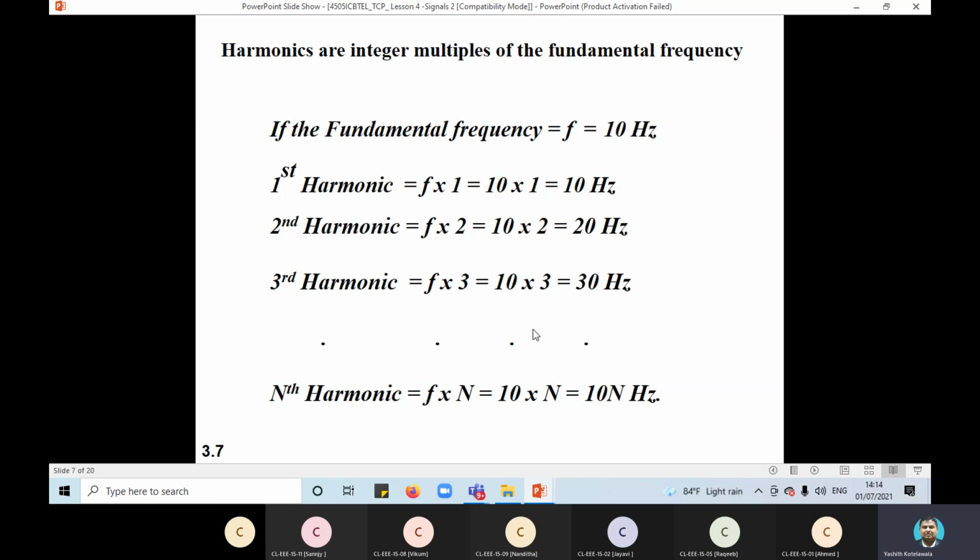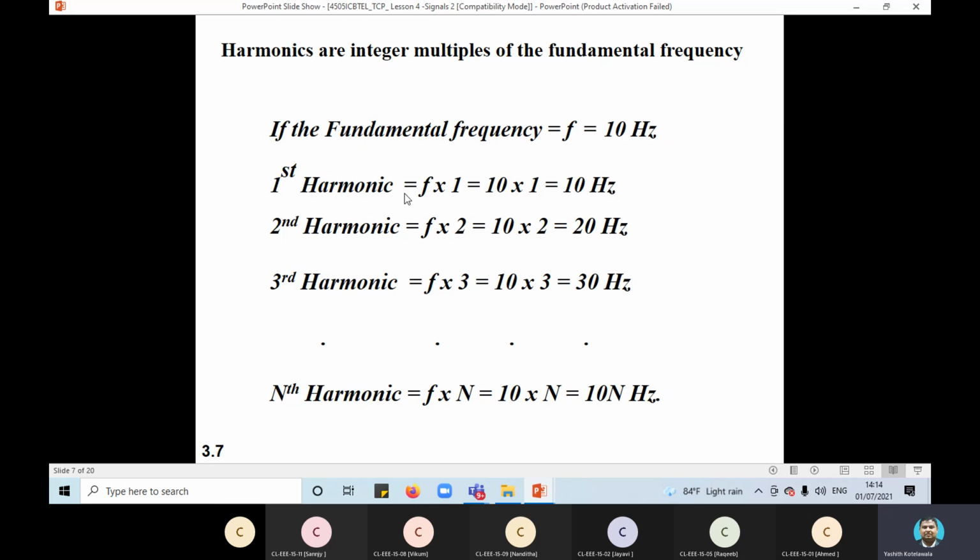So here a small example. If the fundamental frequency is f, which is equal to 10 hertz, all of these are simple sine waves, right? Fundamental frequency is equal to f, which is equal to 10 hertz. First harmonic, here comes the point.